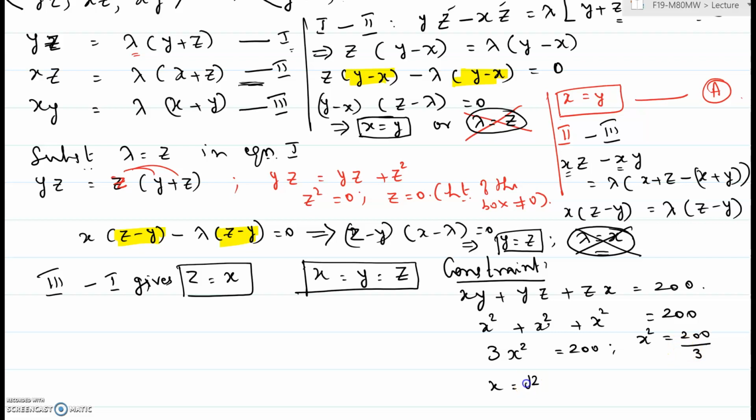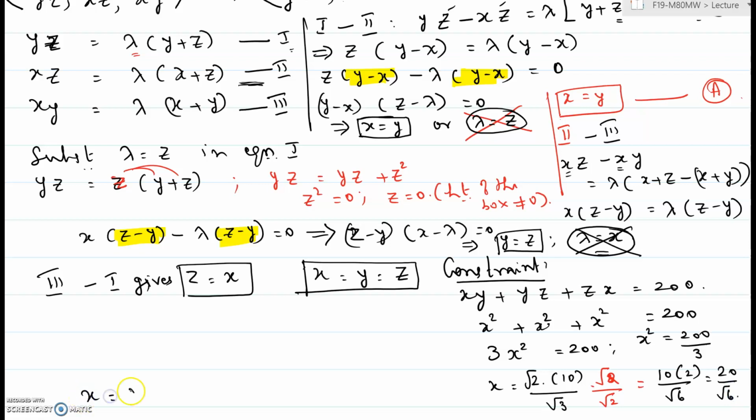2 square root of 2 times square root of 100, which is 10, divided by square root of 3. And then if we multiply both sides by root of 2 times root of 2, this would give us 10 times 2 over square root of 6, which is 20 over square root of 6.